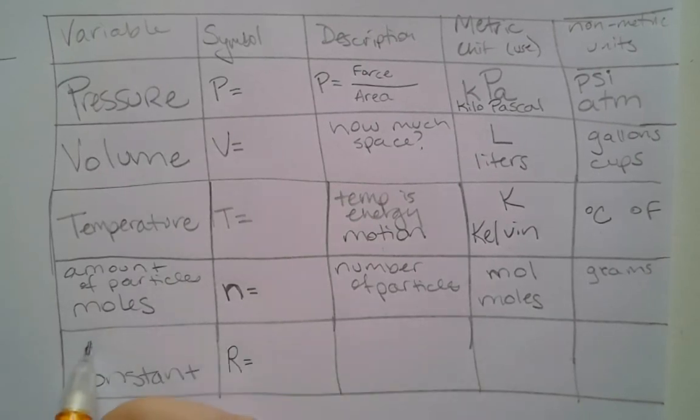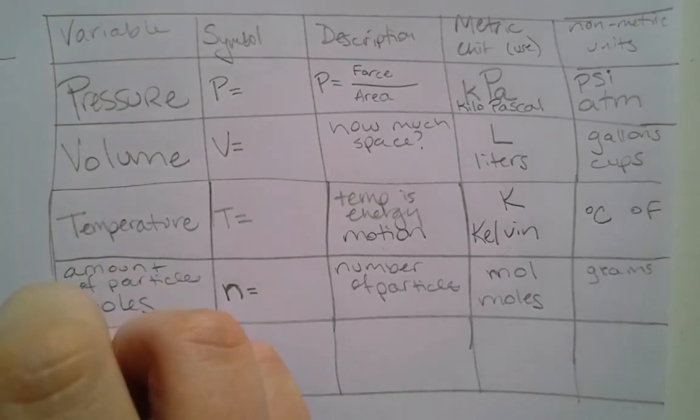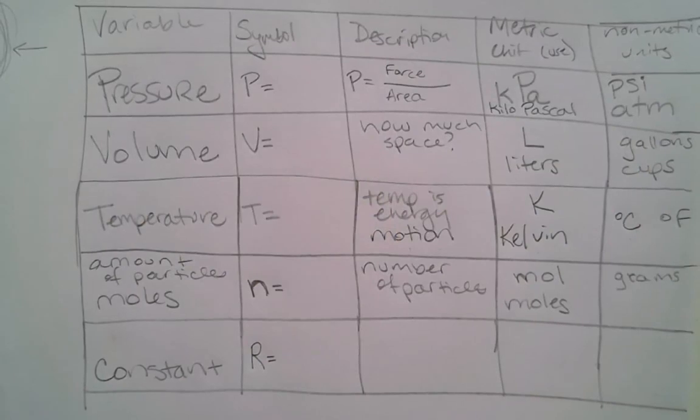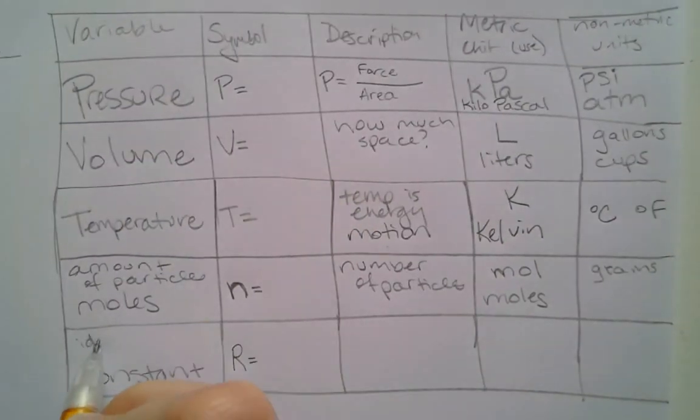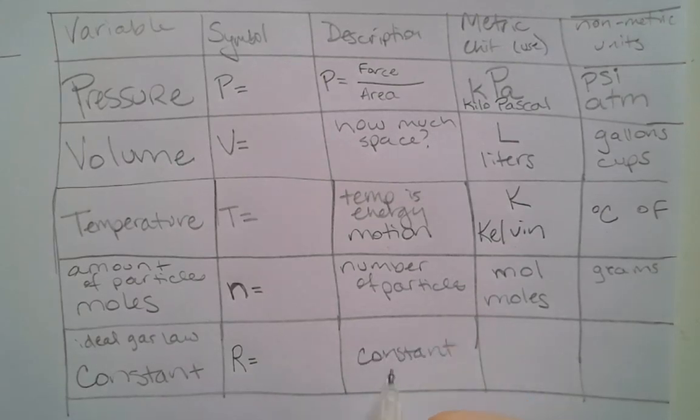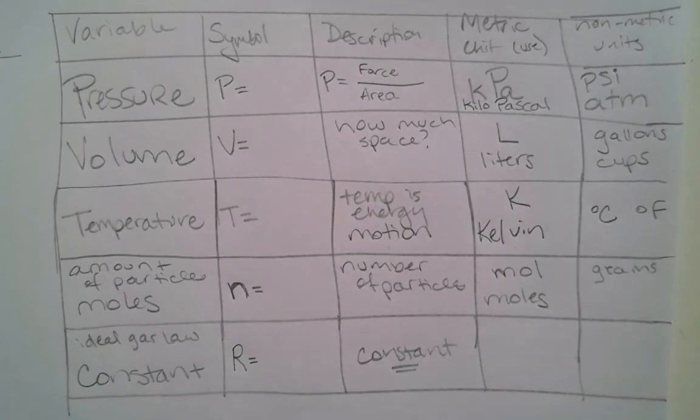It is in our ideal gas law, we'll get there in maybe a week. Ideal gas law constant. So that is a number. It is a constant. It will not change. And let's figure out its units later, because that's going to get kind of messy.